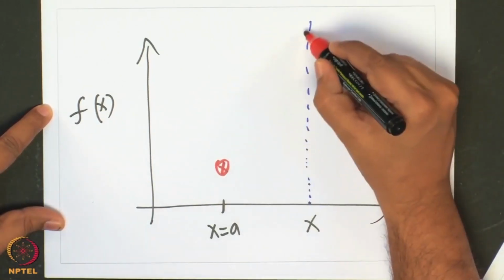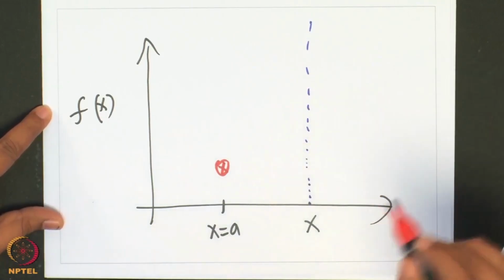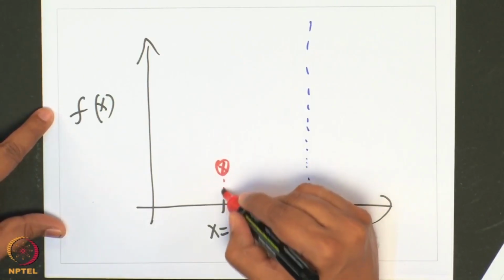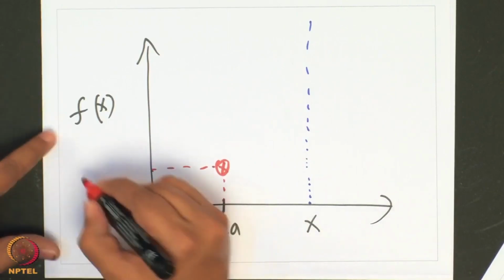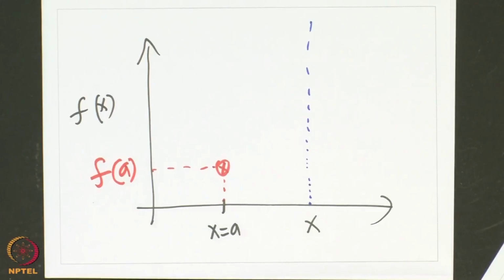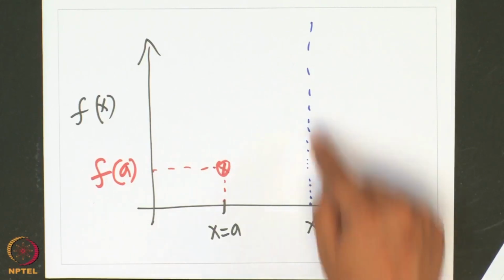The next point could be here or here or here, we don't know anything. We only know the value of this function at this point, f of a. It's not enough to know this function at a. Of course, if I just know this point, I cannot guess where this is.